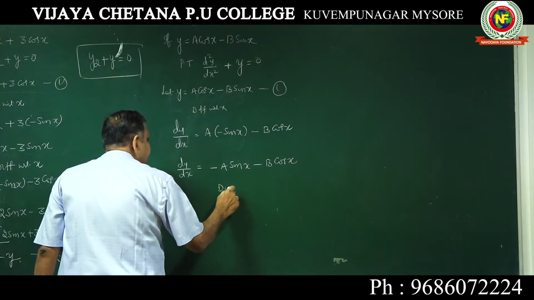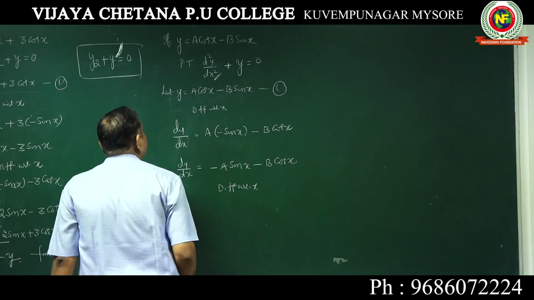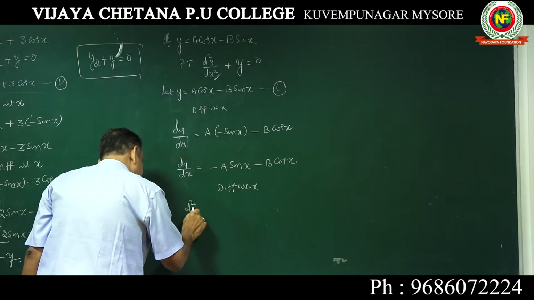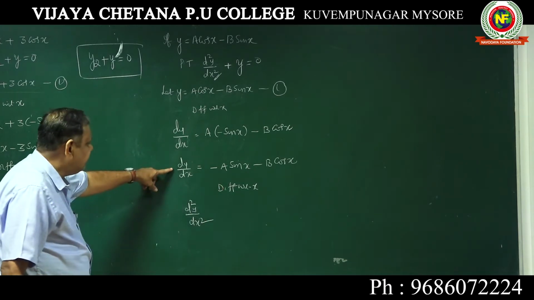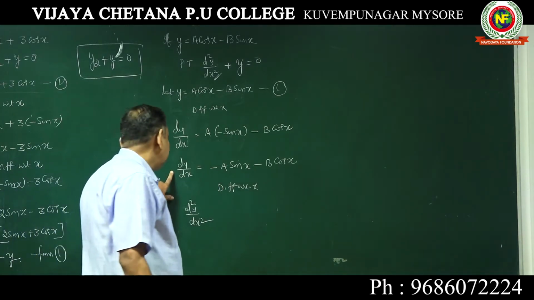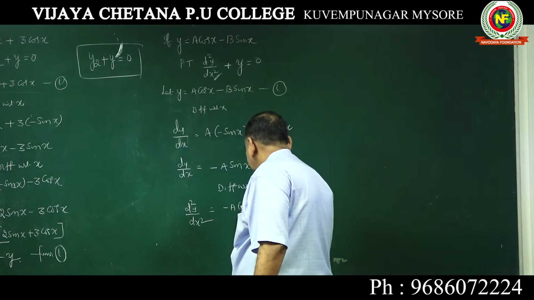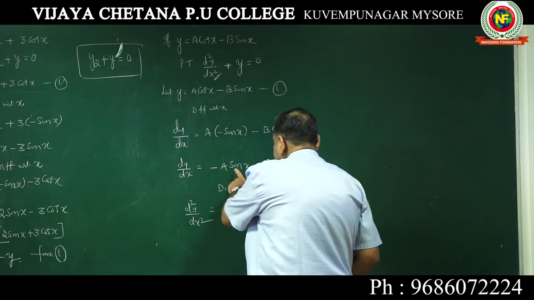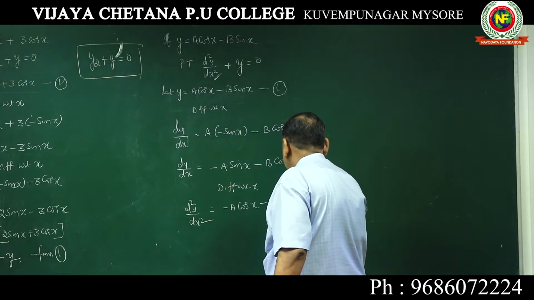Now again differentiate with respect to x because I told you we want d square y over dx square. So left side will be d square y over dx square. When you differentiate this dy by dx, d square y over dx square is equal to minus a cos x. See here, differentiation of sin x is cos x, minus b into minus sin x.